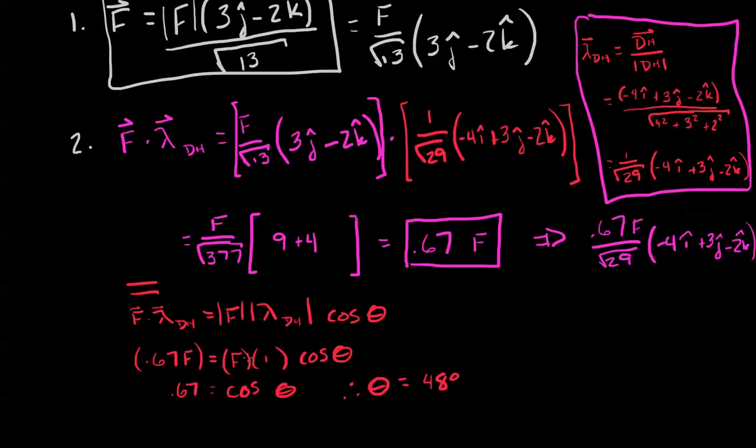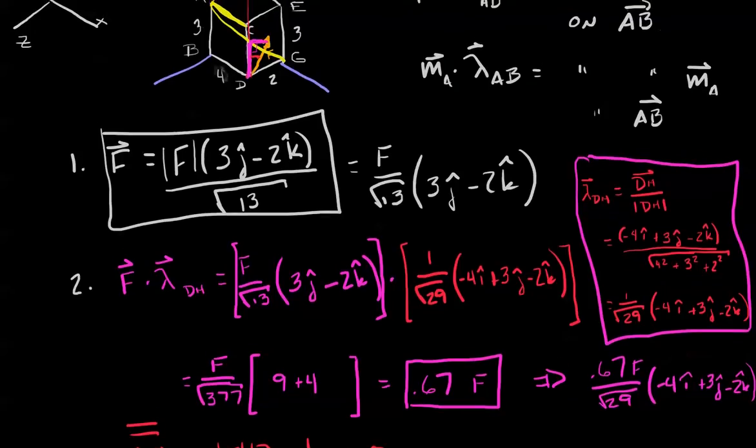We know that the dot product of F dot lambda DH is 0.67F. That's what we were trying to find out, right? So that's 0.67F. We know that the magnitude of force F is just F. The magnitude of the unit vector is always 1. Divide both sides by F. 0.67 equals cosine of theta. Theta is 48 degrees. So that is the angle between the force and DH.